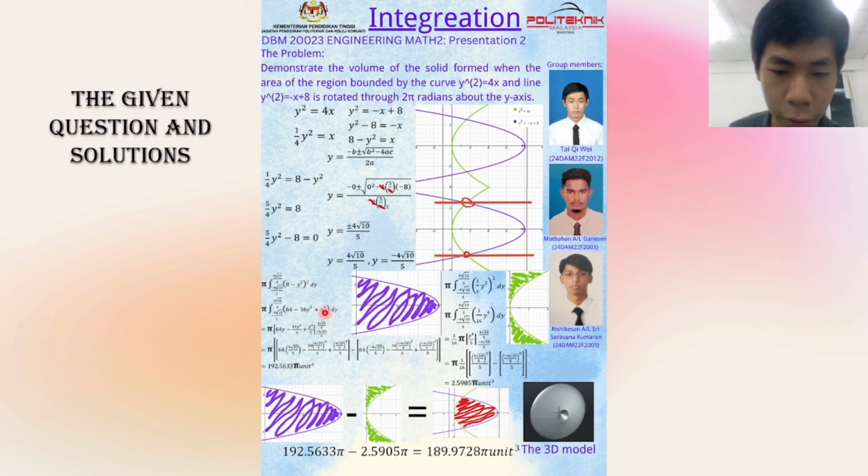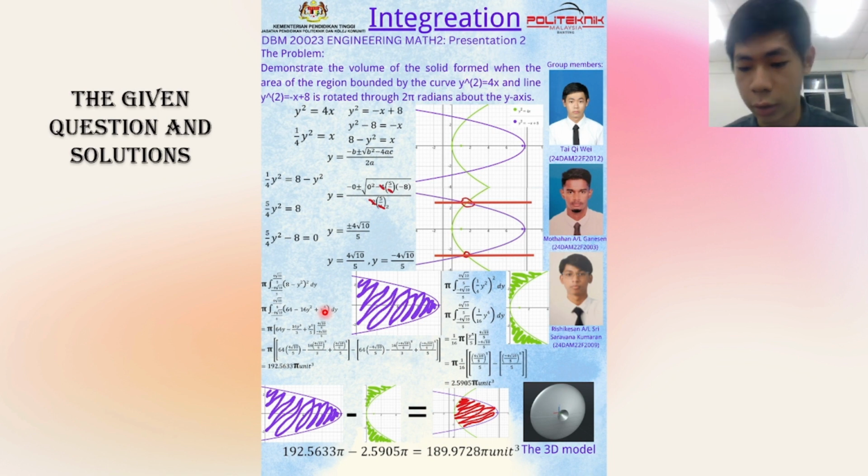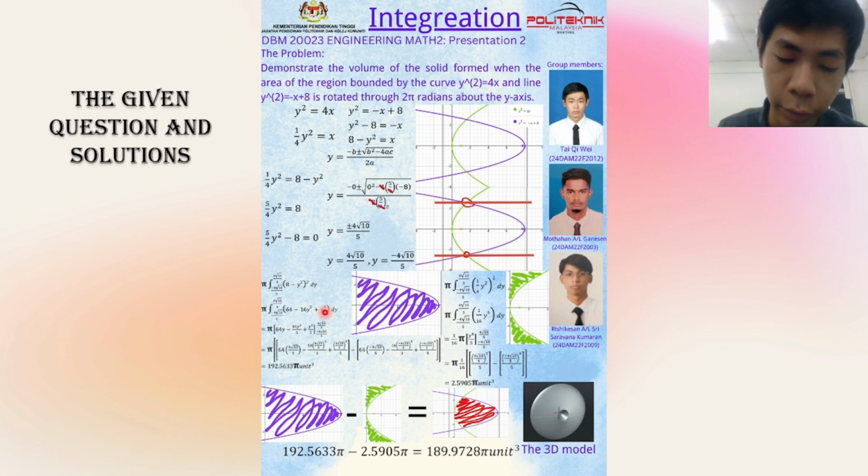And integration works kind of like the inverse of differentiation, because when we differentiate, we multiply the constant by the power and reduce the power by 1. In integration it is inverted, so we add on the variable.